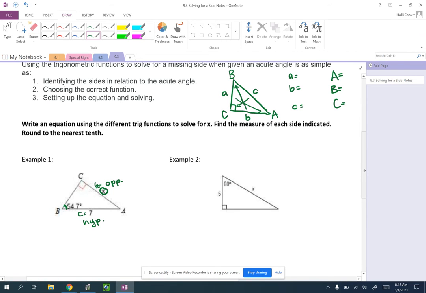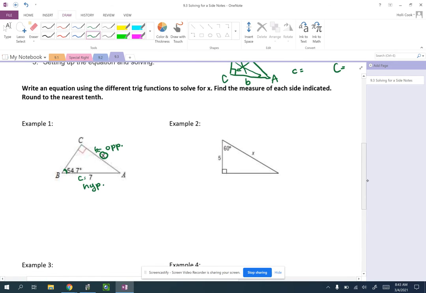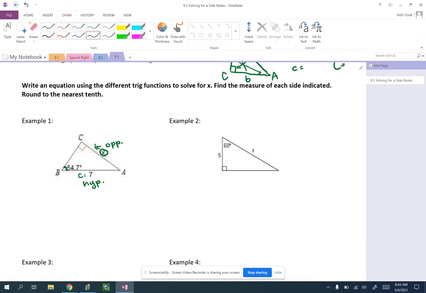Okay, so what trig ratio do we know that uses the opposite and the hypotenuse sides? Well, that would be sine, right? The sine of an angle is opposite over hypotenuse. So that means the sine of our angle 54.7 is equal to the opposite side, x, over the hypotenuse, 7.